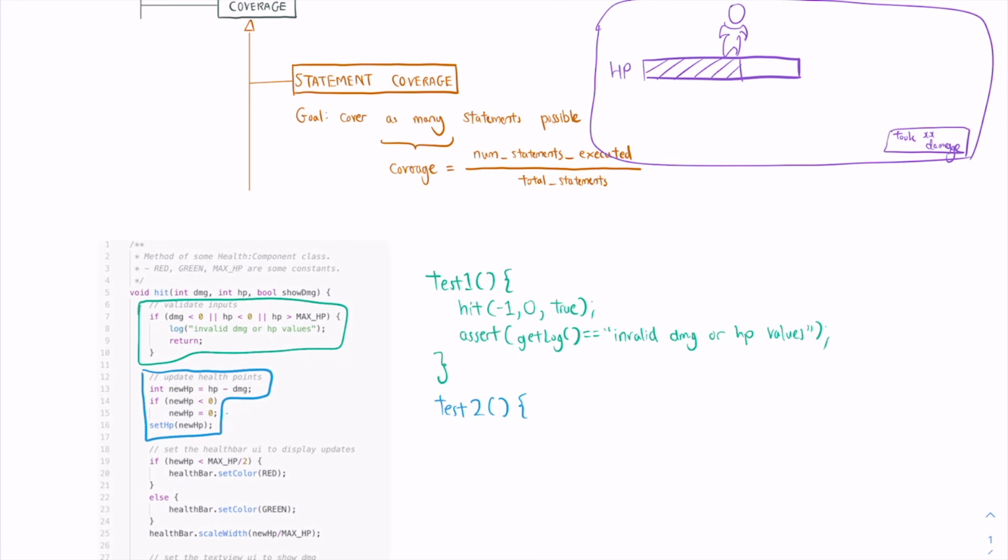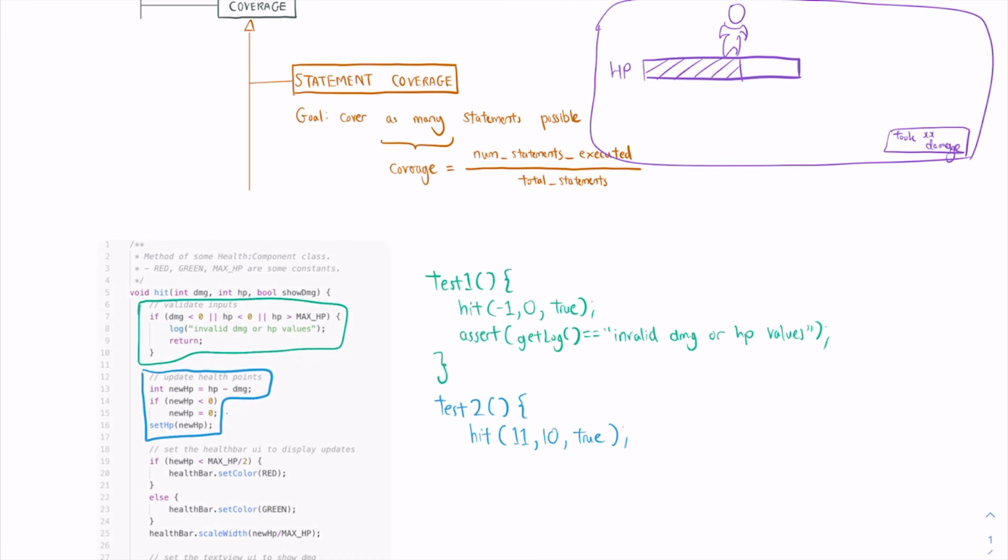Okay, for test2, since we want to cover that section, we will call the method under test using these variables that will allow us to definitely run through them. For example, we put DMG is 11, the HP is 10, and the Boolean value showDamage as true.